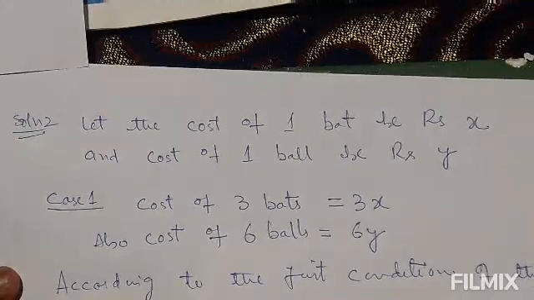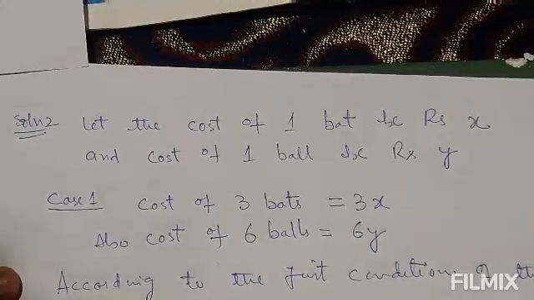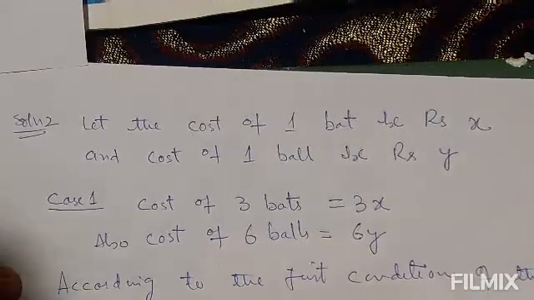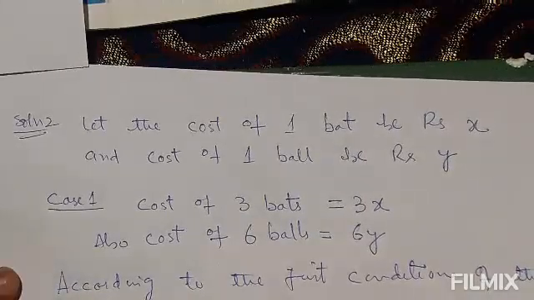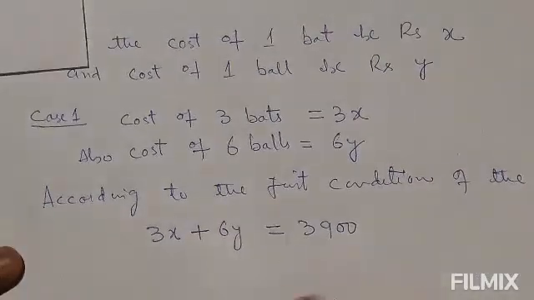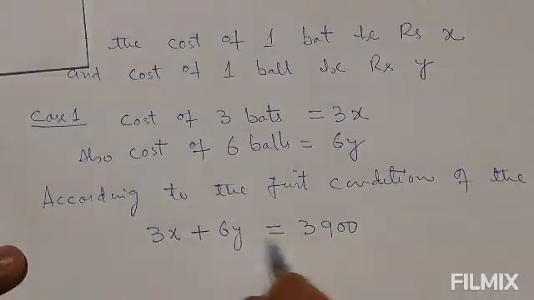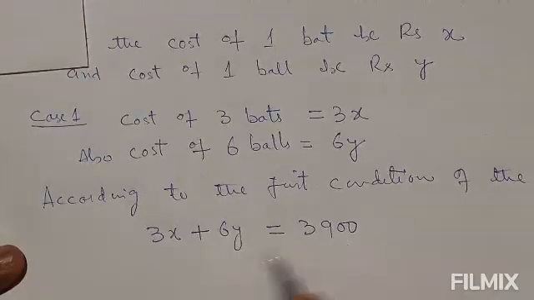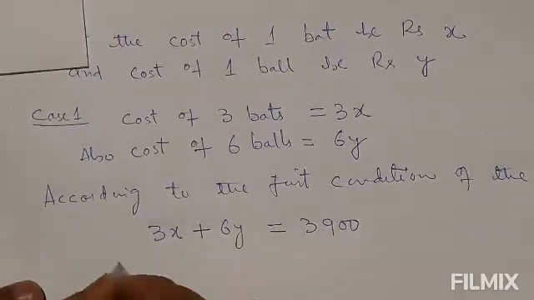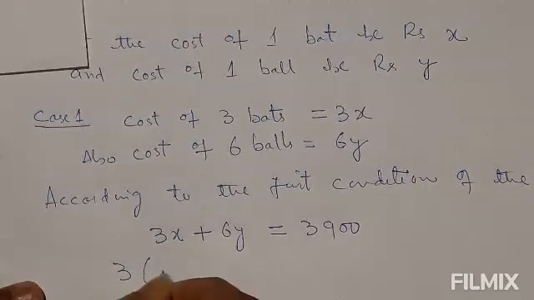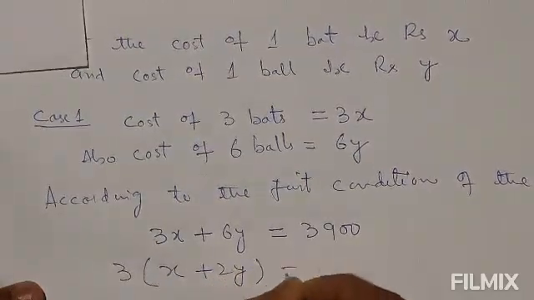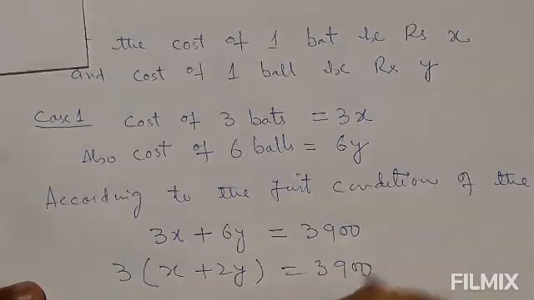So we can write it as 3x plus 6y equal to 3900. Okay. So here we can take 3 as common, like this, x plus 2y equal to 3900.